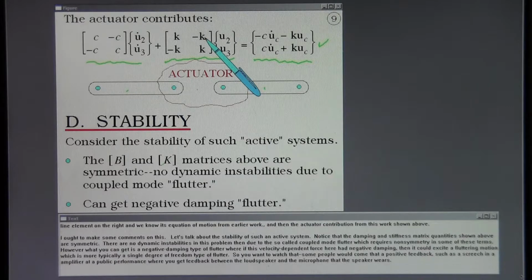However, what you can get is a negative damping type of flutter where if this velocity-dependent force here had negative damping, then it could excite a fluttering motion, which is more typically a single degree of freedom type of flutter. So you want to watch that.